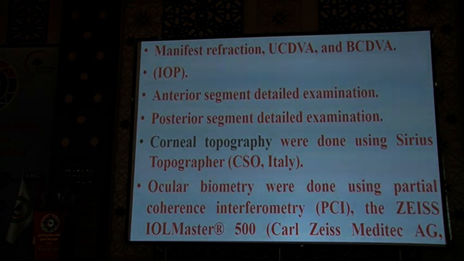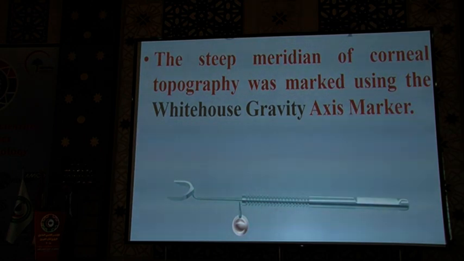Regarding the preoperative evaluation of our patients, it is a usual evaluation, and we add just corneal topography because the aim of this study is to eliminate the corneal astigmatism, not lenticular or retinal astigmatism. And this instrument is used just before anesthesia, in sitting position before surgery, to avoid cyclotorsion under anesthesia. It is called the White House gravity axis marker.